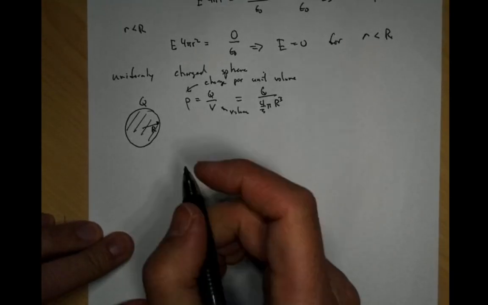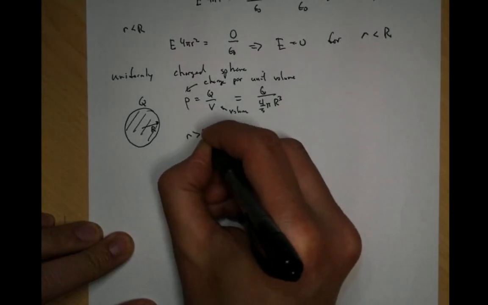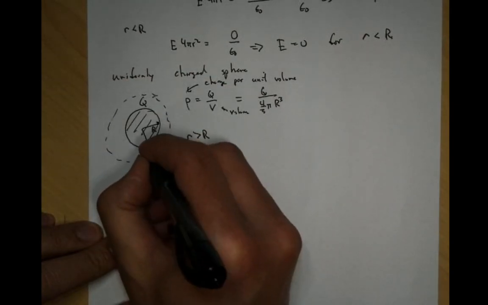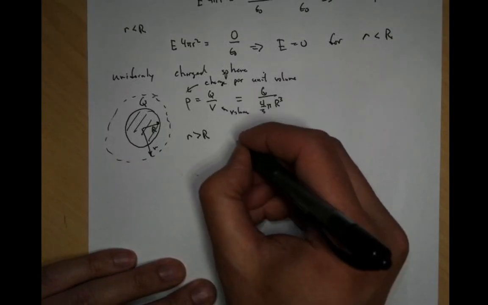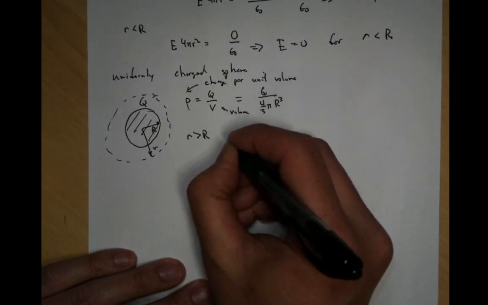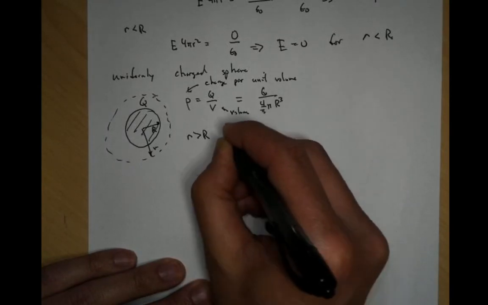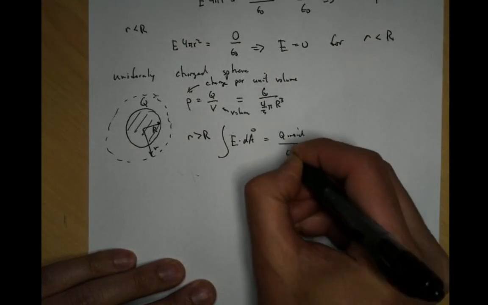Right? Okay, so we'll do two examples again. So first we'll do r greater than R. Sphere looks like that, right? So in that case, you're going to get E dot dA is equal to Q inside over epsilon naught.